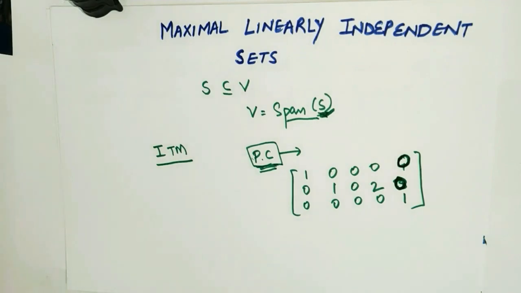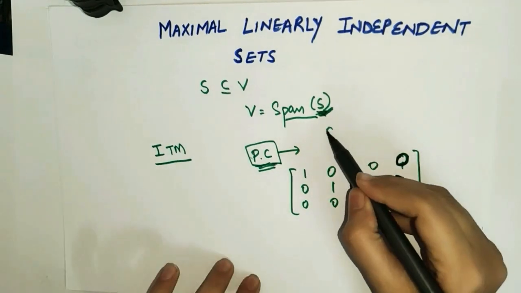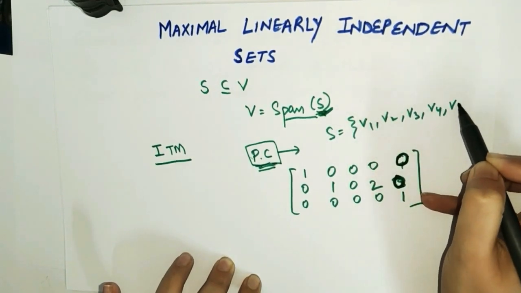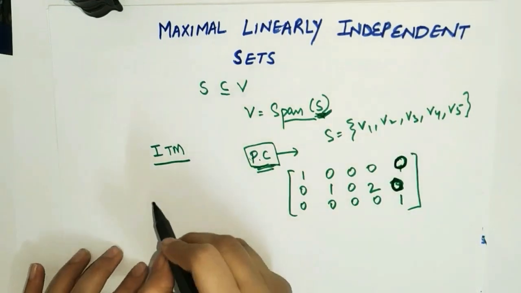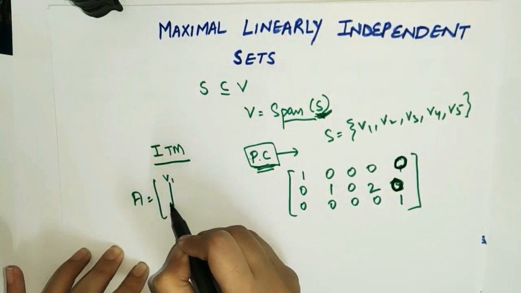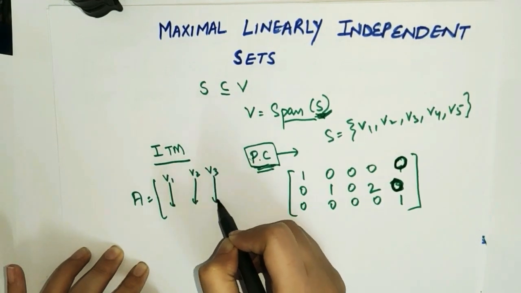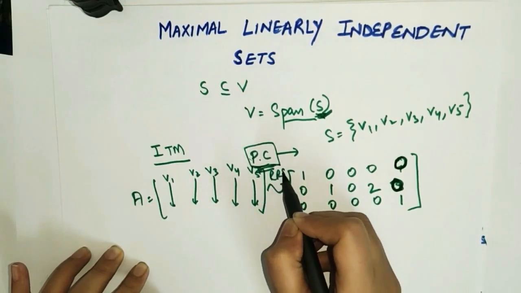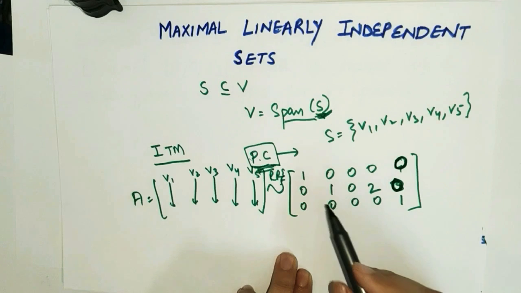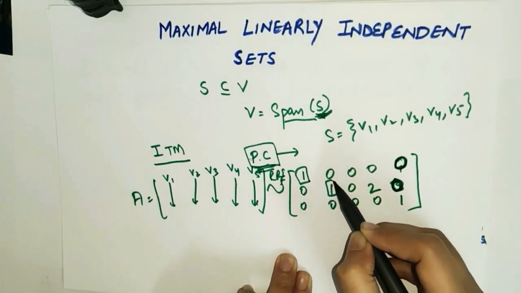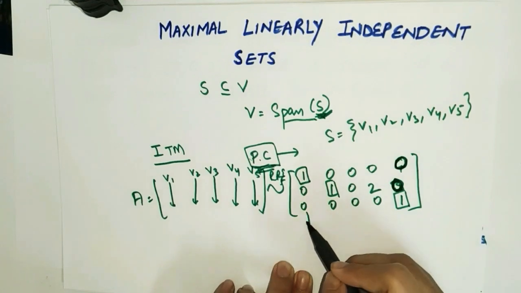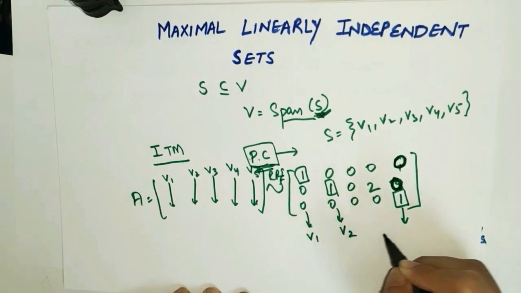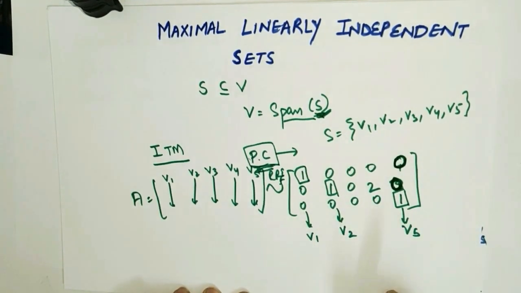Now I am assuming that S initially had V1, V2, V3, V4, V5. There were 5 elements in S. I wrote matrix A as V1, V2, V3, V4 and V5. After finding the RREF, I got this. Now here I can see that the first, second and fifth columns are pivot columns. So accordingly, my vectors V1, V2, V5 are linearly independent.